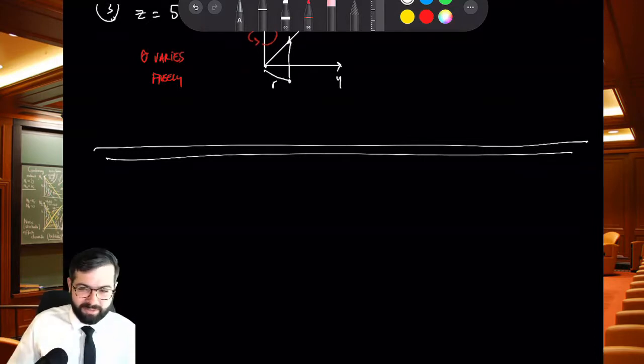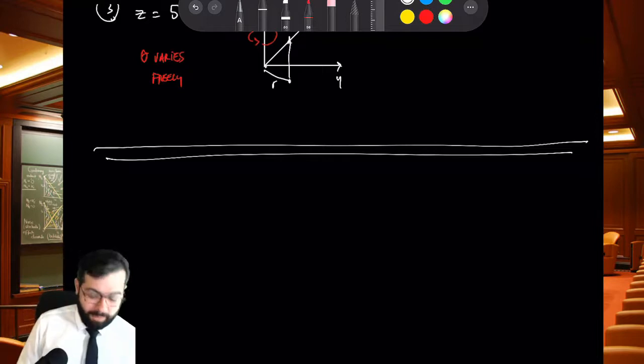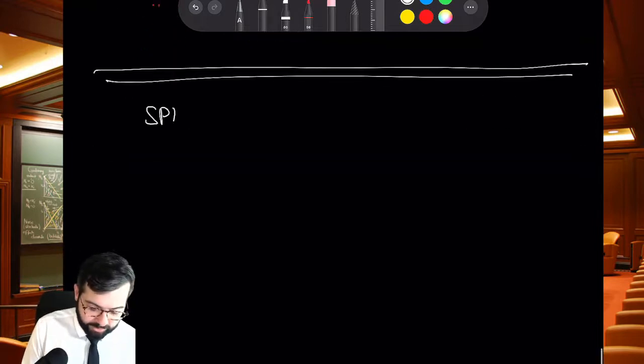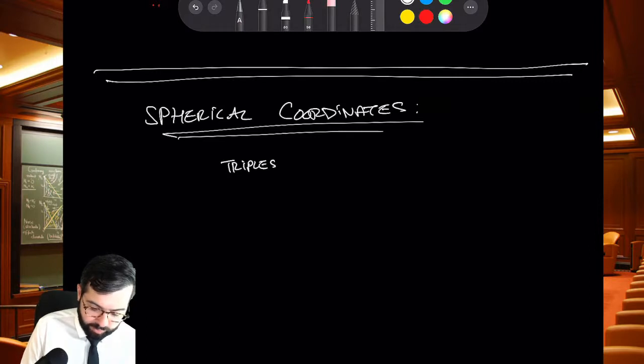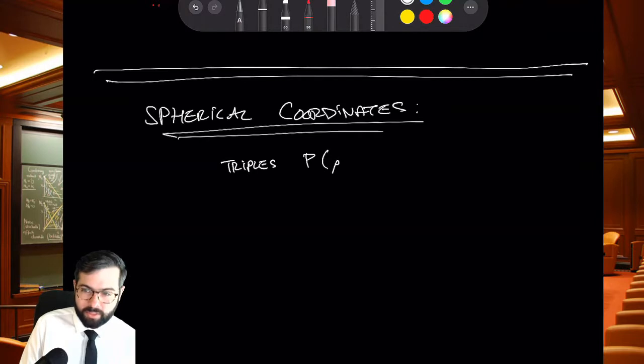You won't be confused. But let's look at spherical coordinates. And I'm going to arm you again, like I did before, with an intuitive kind of explanation. But they're of the form of triples. The point is given by rho, which is like a little P-looking guy, theta, and phi.